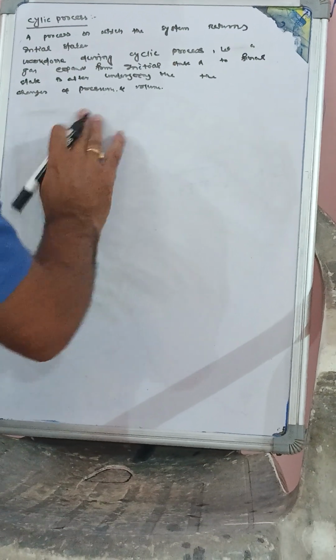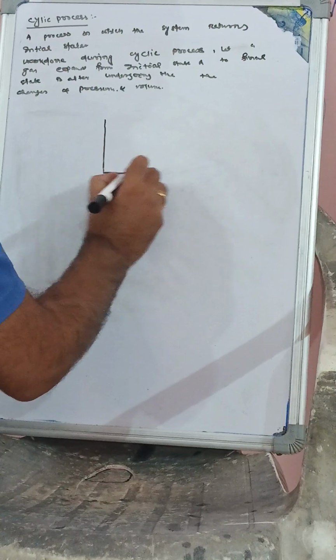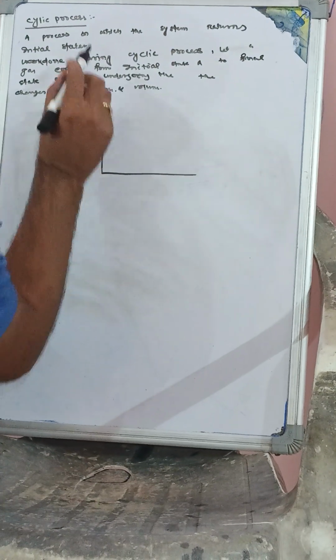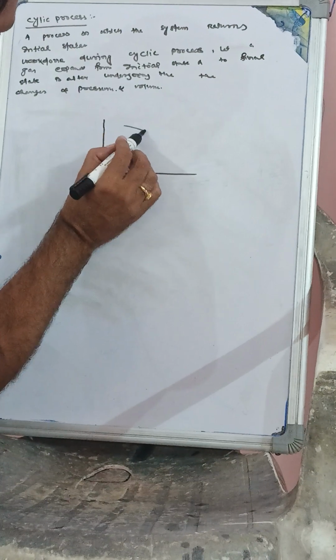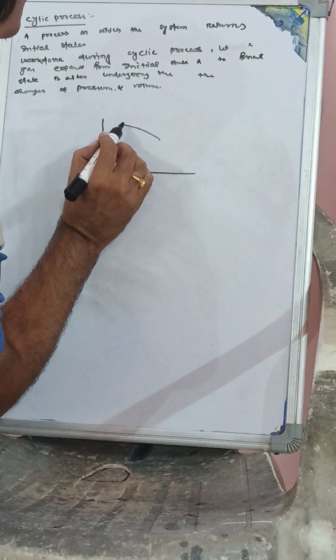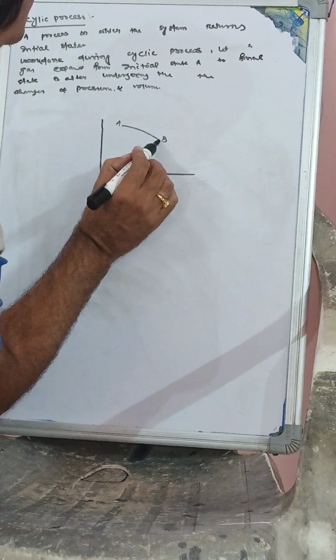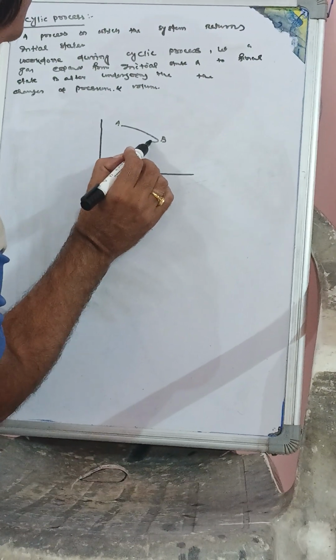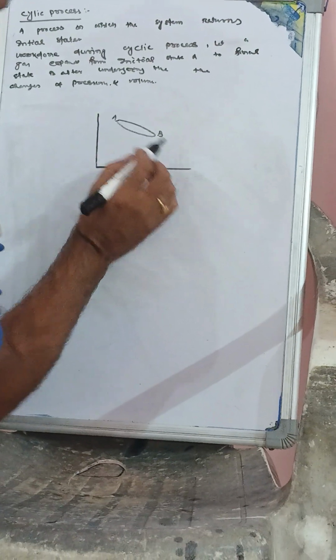First we draw a graph, initial state A to final state B, and then again return to the initial state.